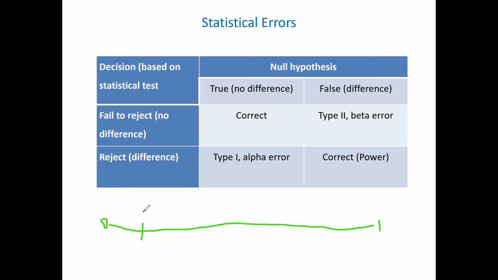This 5% is 0.05, on a scale from 0 to 1. If the p-value is less than or equal to this value, we assume that we have not committed type 1 error. We have not said something is there when it is not there.